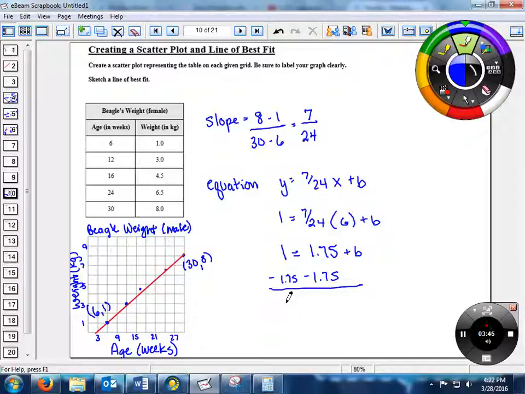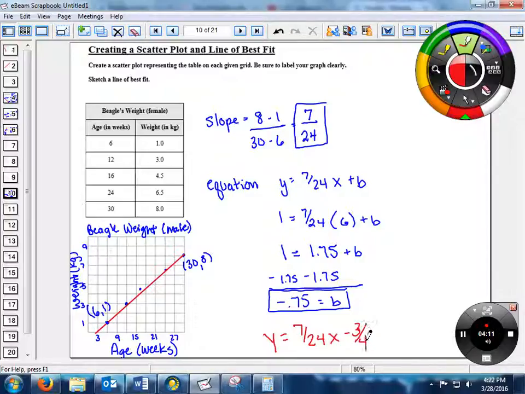And I'm left with 1 minus 1.75 is negative 0.75 equals b, or negative 3/4. So if I put all that together, I've got my y-intercept here, my slope up here. My final equation is y equals 7/24 x minus 0.75, and I'm going to write that as a fraction, minus 3/4.